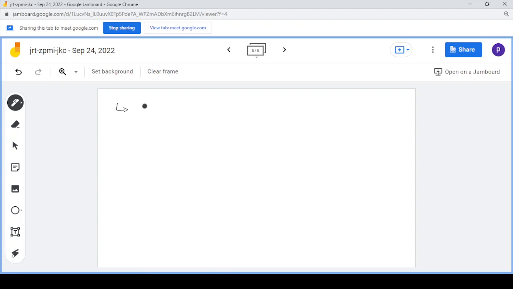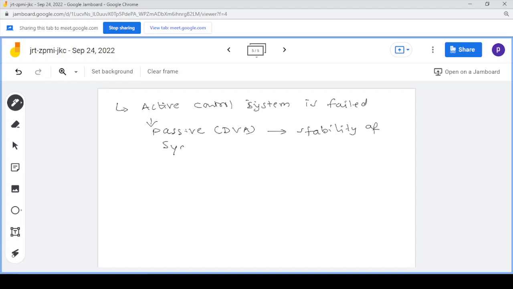That is, if the active vibration control system is failed, we still have the passive, that is the dynamic vibration absorber. So we can say that stability of the system is maintained or not sacrificed.